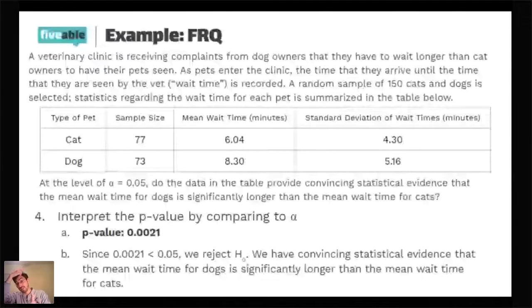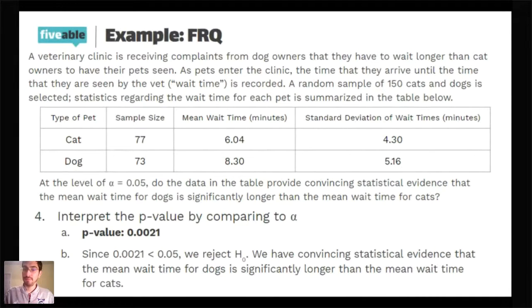So we have evidence or we don't have evidence, that, copy and paste it. You're never going to make a mistake in context by doing that, because if you accidentally make a reference to a sample instead of the whole population, or if you say the wrong parameter, like you suddenly forget the word proportion in your sentence, or you forget the word mean, it's going to potentially ding you. But if you just copy and paste what they say, we're good.